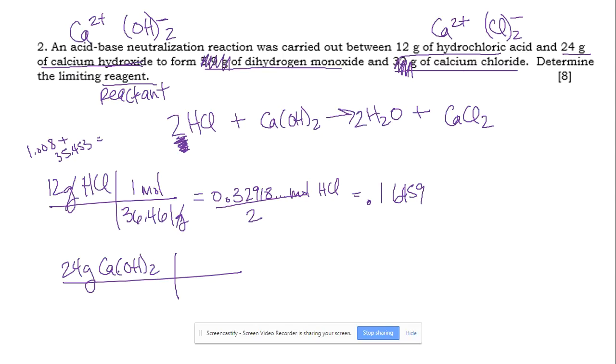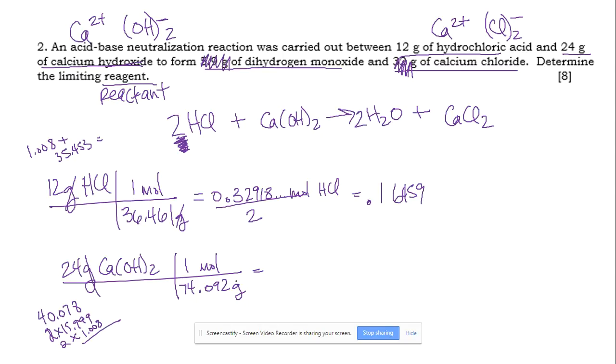I've got 24 grams of calcium hydroxide. Add up 1 calcium, which is 40.078, 2 oxygens, 2 hydrogens, and that's a grand total of 74.092 grams per mole. And so now do the same thing.